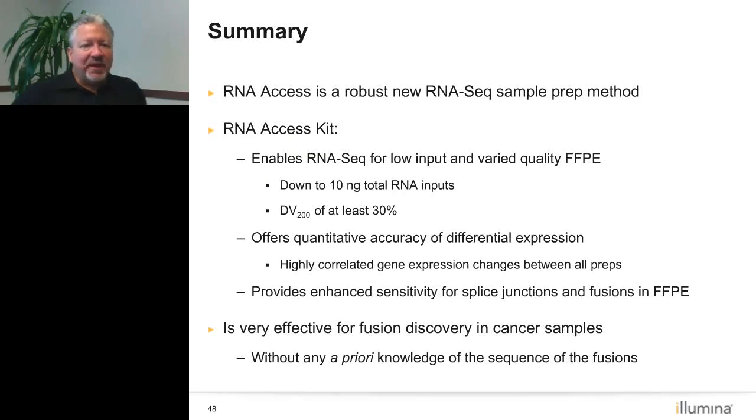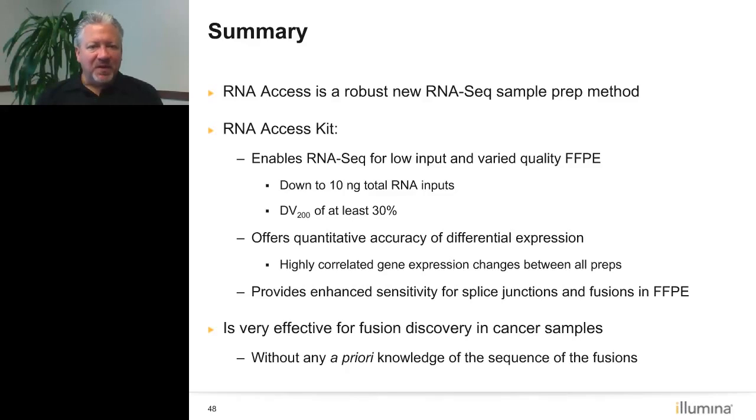So, in summary, this RNA Access is a robust new sample prep paradigm that sits alongside our poly-A preps and our total RNA preps. And now we're developing a whole line of products based upon this enrichment method.